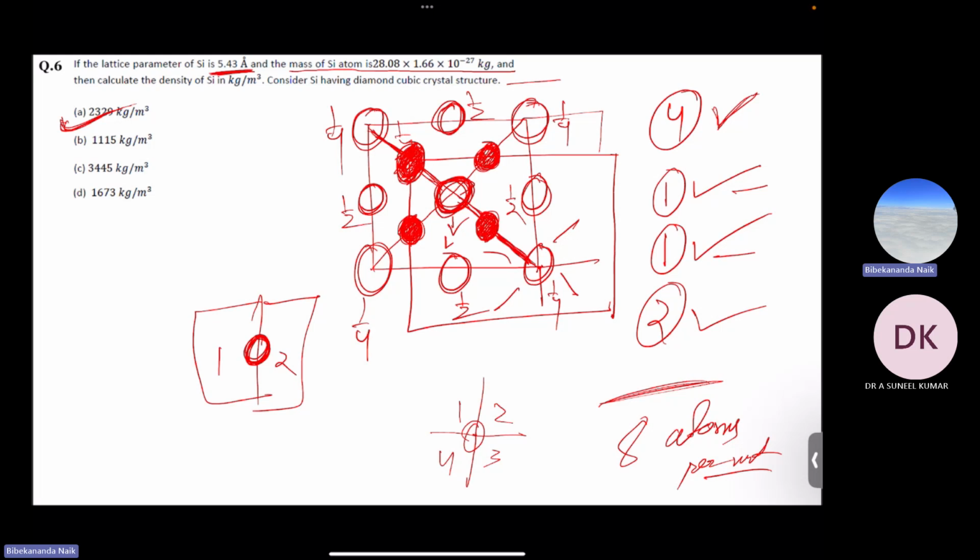So one atom contributes 1/4 to a particular crystal. That's why their contribution is 1/4. Since there are four atoms like this, it will be 4 into 1/4, that is 1. So from those corner atoms, the contribution is 1.